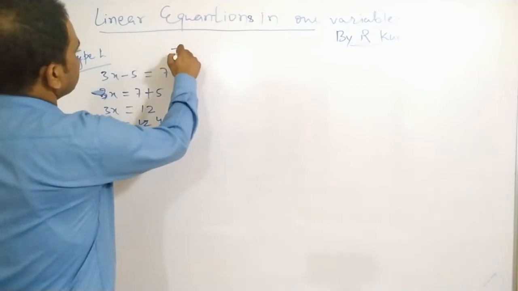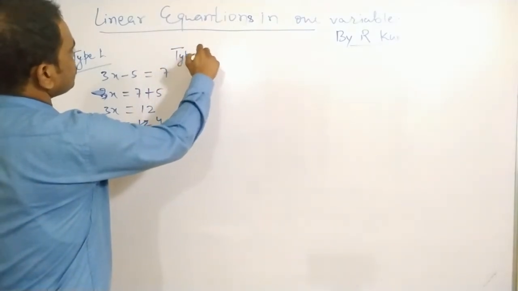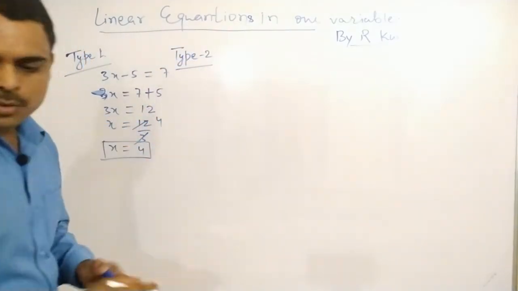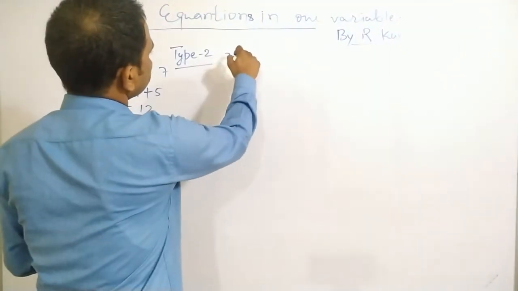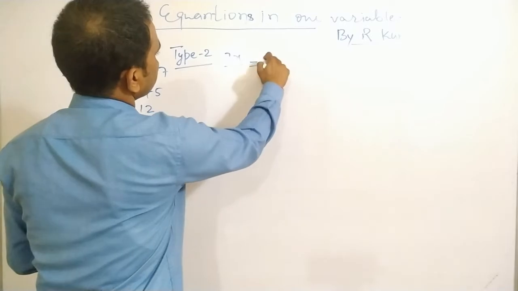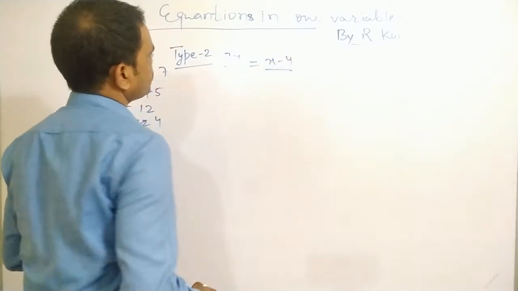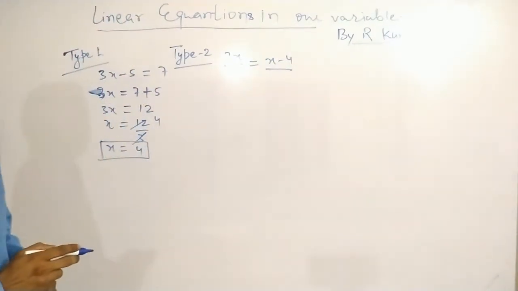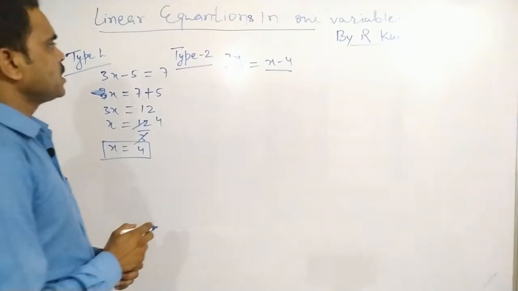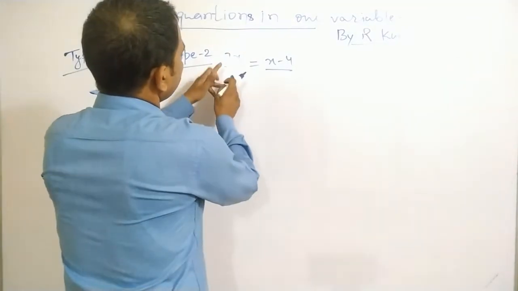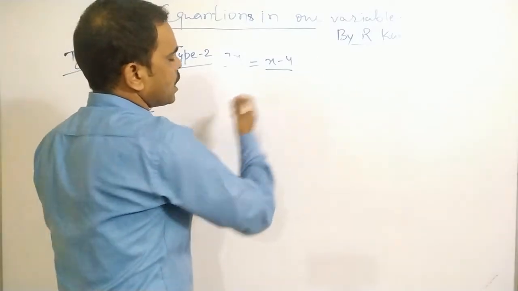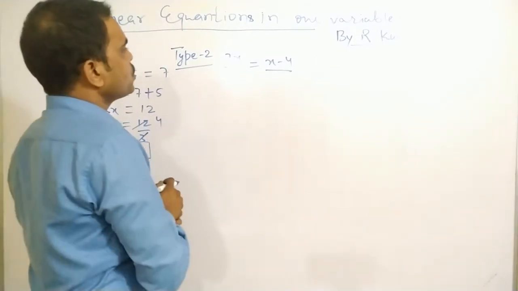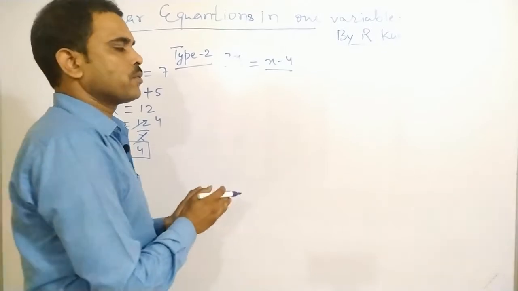In type 2 I take another question, and it is 7x by 5 equals x minus 4. In type 2 we can see x is available in the LHS, and x is also available in the RHS. So first of all you will simplify.